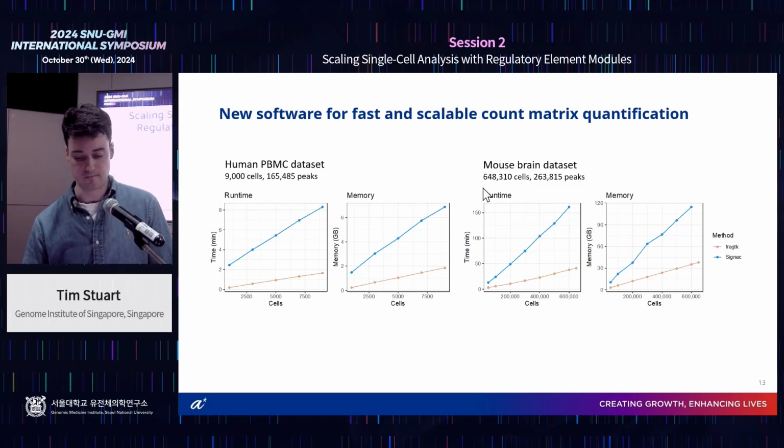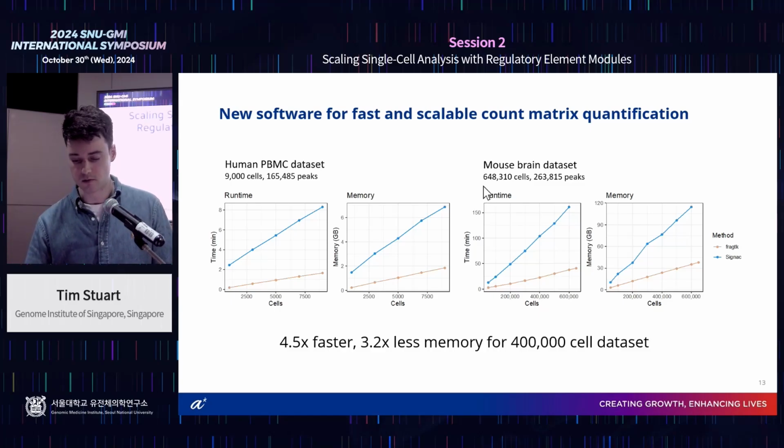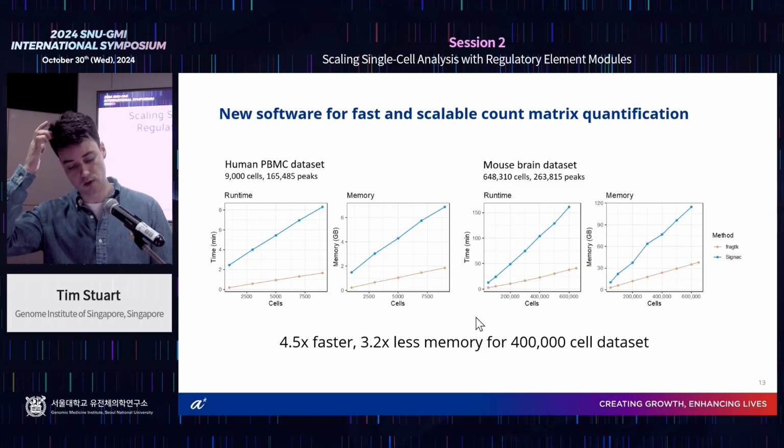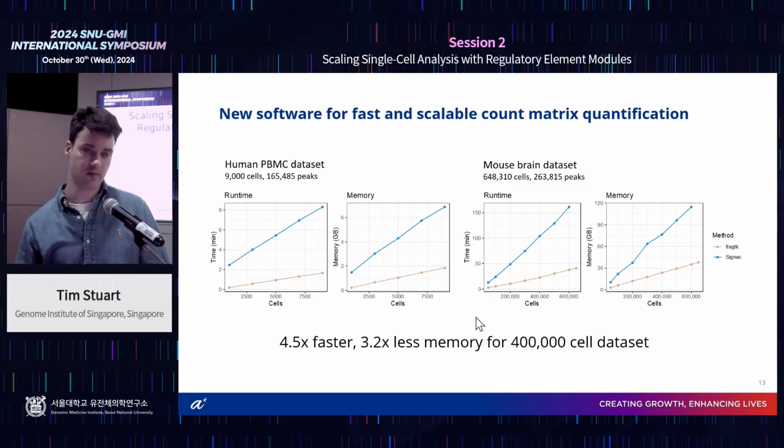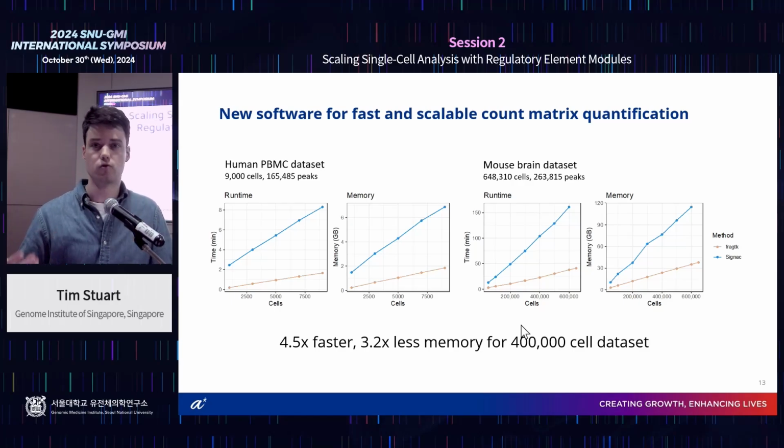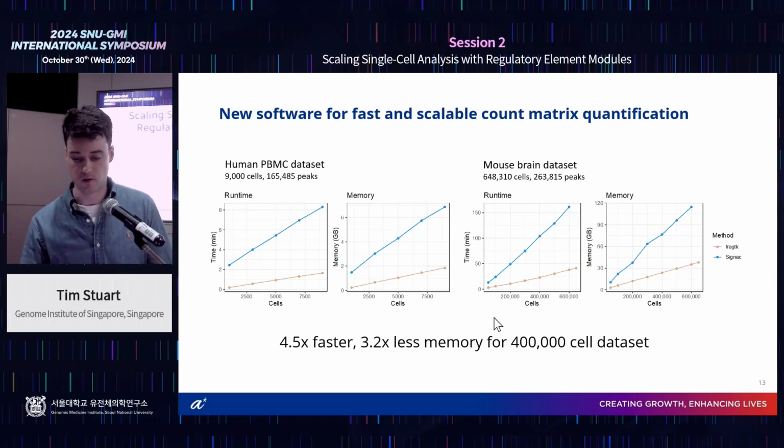You can see the Rust software does much better. So just taking 400,000 cells as an example, it's around 4 times faster, 3 times less memory. So you can use this as just a drop-in replacement for doing your count matrix quantification for single-cell ATAC-seq analysis and save some time.